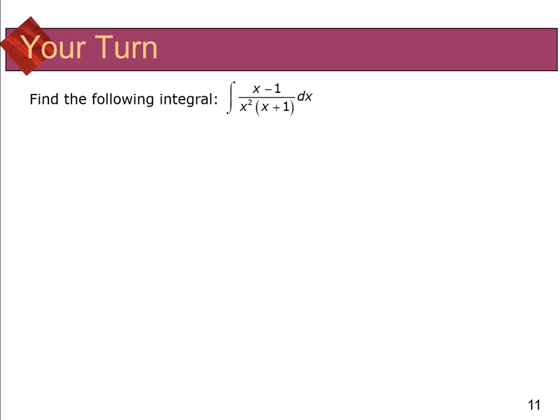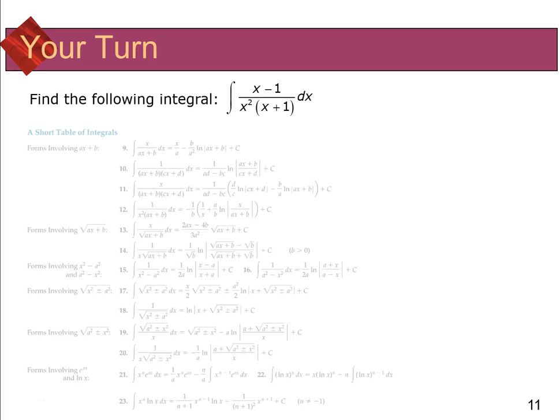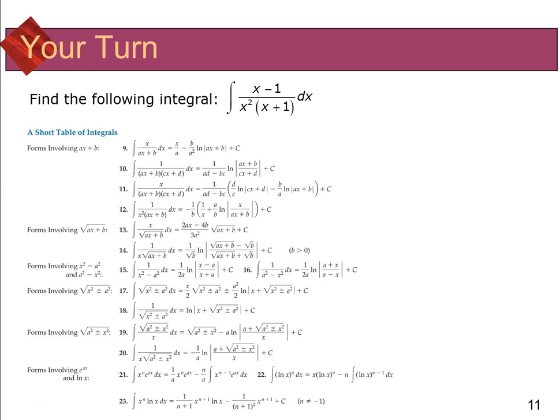Find the following integral. So we have the integral of x minus 1 over x squared times x plus 1 dx. As I look at my options here, I see some formulas where I have an x in the numerator and junk in the denominator.